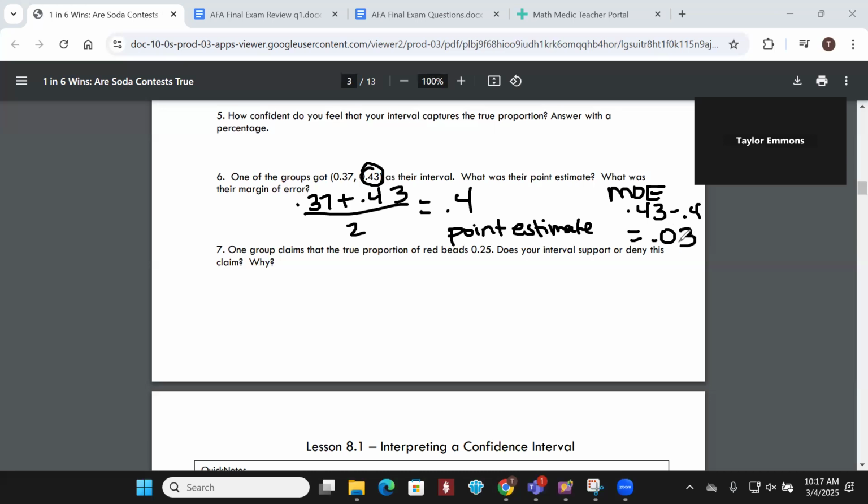So my margin of error is 3%. Does everybody see how I got that? I got the interval, I find the middle for the point estimate, and then I subtract, the upper minus the middle. It should work for both sides too. Okay, are you okay on that?